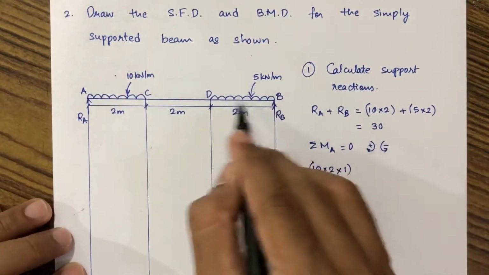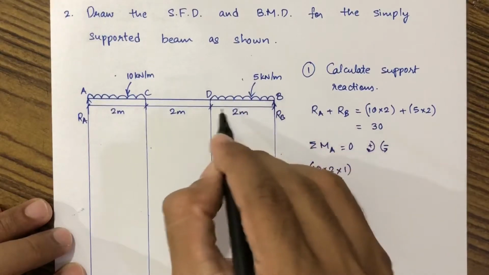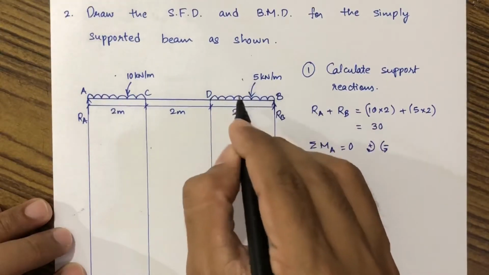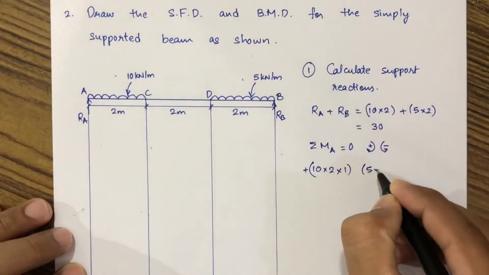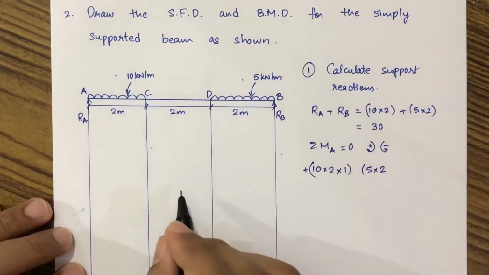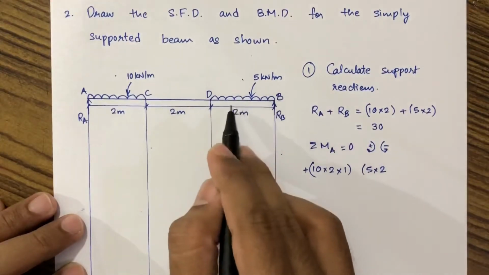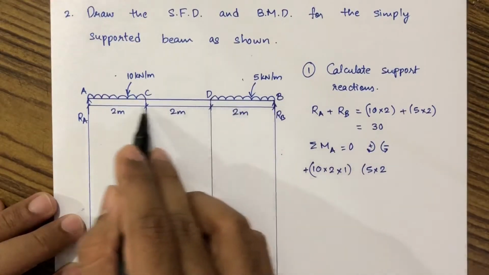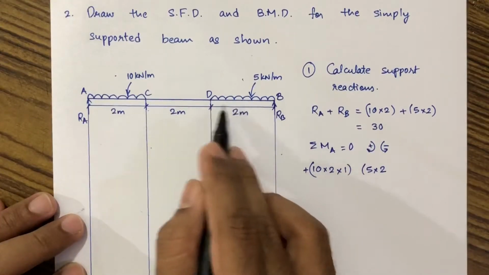Again, if we consider this UDL, it has a point load of 5 multiplied by 2 exactly at the center of this UDL. So it will be 5 multiplied by 2. And this point load has a perpendicular distance of 2 plus till the center of this it will be 1.